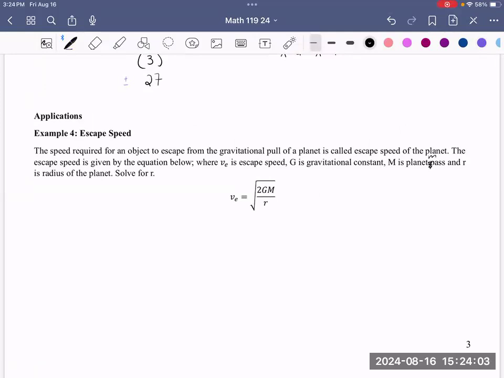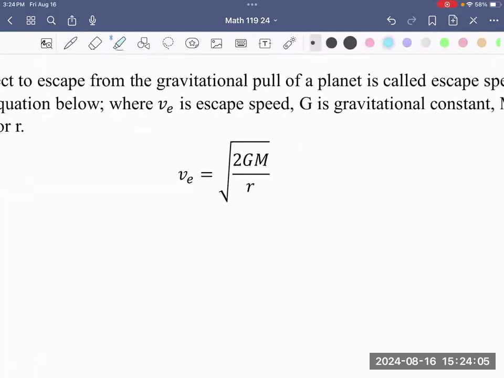Solve for R. If we are trying to get this particular variable, you have to be aware of any sort of grouping, whether that be an absolute value sign, a square root sign, or parentheses with an exponent. We want to work on those first before we can go on the inside.